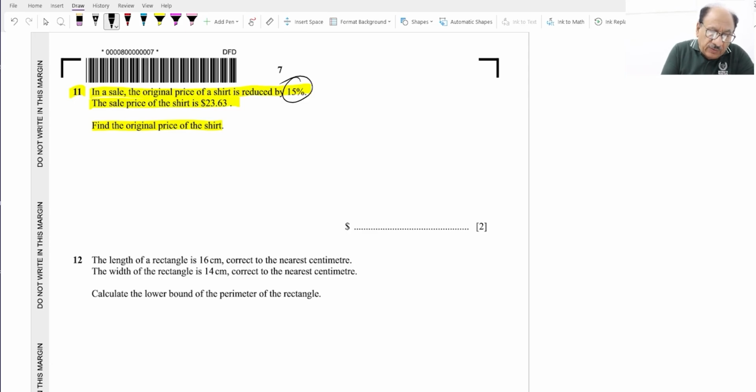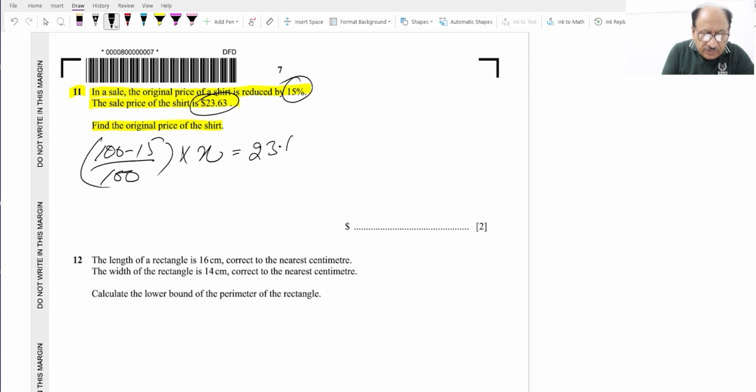This is like 15, so we can write 100 minus 15 over 100. This is how we are calculating the percentage reduction. Multiply by x is equal to the amount, $23.63, and x will be equal to 23.63 divided by 100 minus 15 over 100.